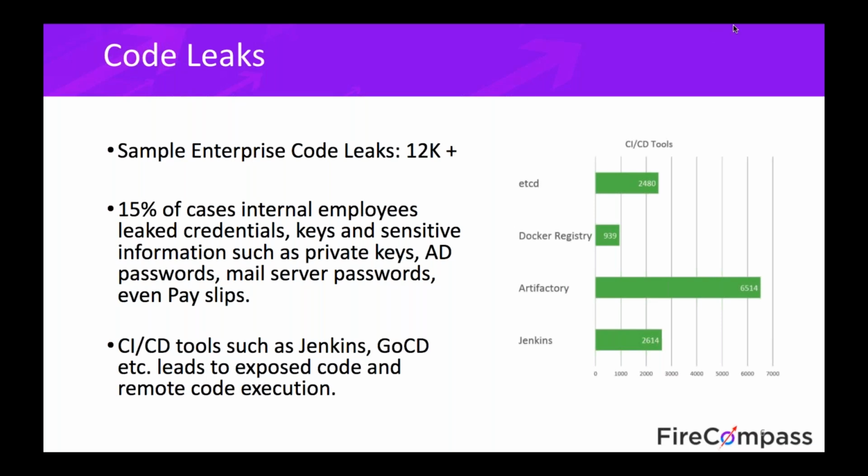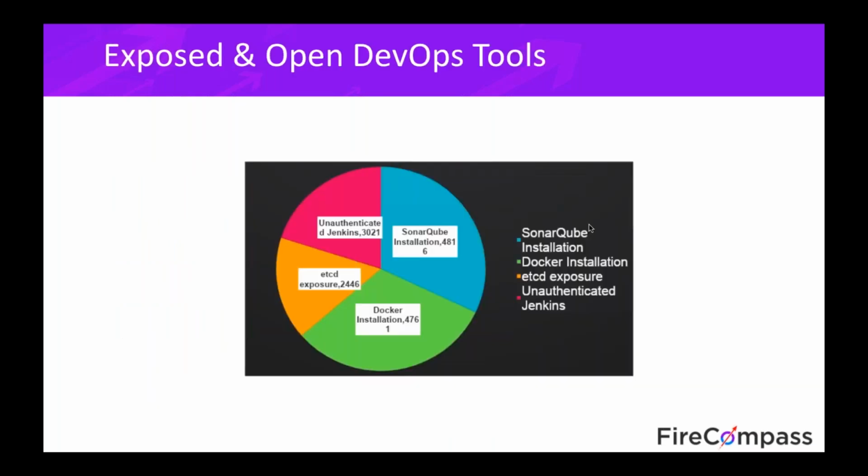So we have seen that CI/CD tools like Jenkins, etc. This is one of the major source for code leaks. So these are some of the common DevOps tools where such kind of exposures are common, like SonarQube, Docker. These two kind of form the big part of the pie.